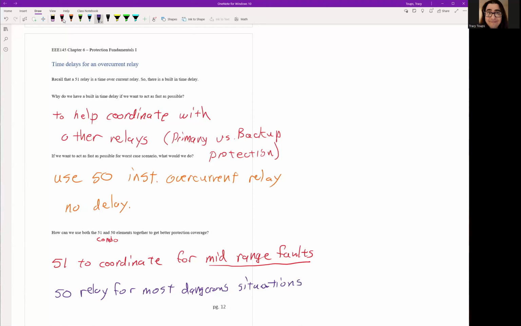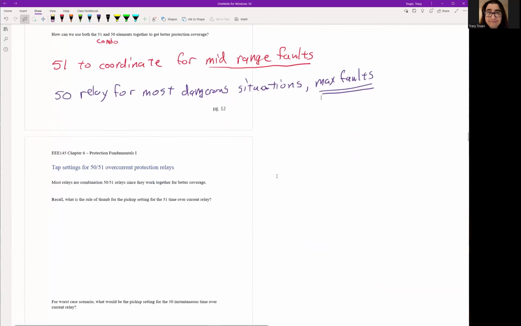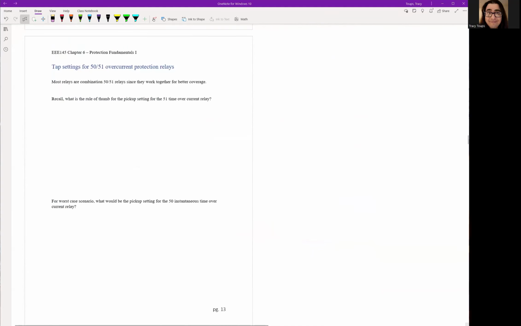Again, this is our max range or max faults. So the absolute maximum three-phase fault, 30,000 amps, 20,000 amps, we need to make sure that instantaneous relay will pick that up. That's where we're going to use both of them in tandem. When you go out there and program these relays, you're going to be programming both a 50 and a 51 element. So now we're going to use both of them together.